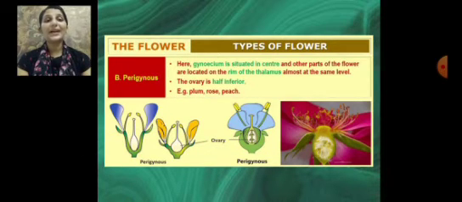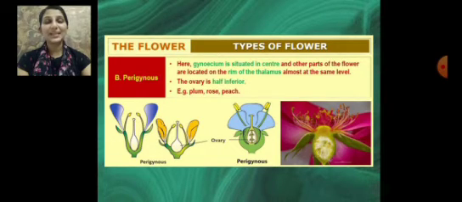However, in a perigynous flower, the gynoecium is situated in the center, and the other floral parts are located on the rim of the thalamus. We can see that the gynoecium is located in the center, and from the rim of the thalamus, that is the outer boundary of the thalamus, the other floral parts, that is calyx, corolla, and androecium, arise almost at the same level.